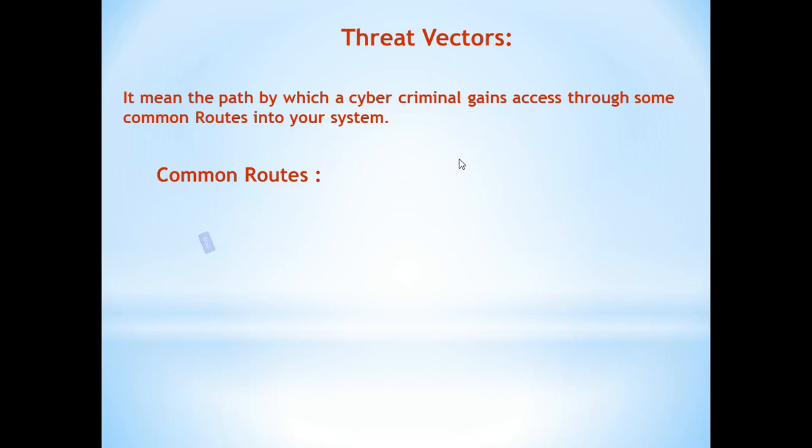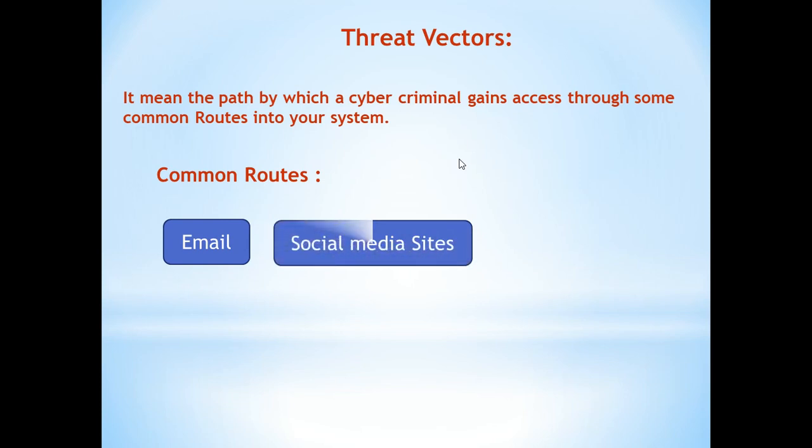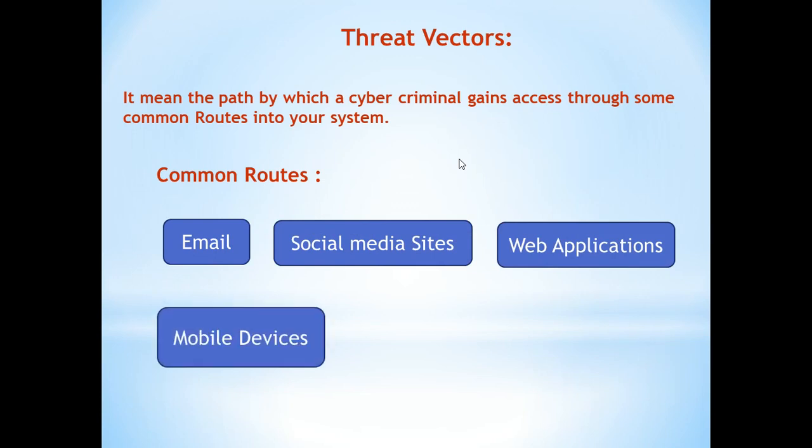So the routes are email, social media sites, web applications, mobile devices, and network. So there are five common routes for gaining access of a cyber criminal.